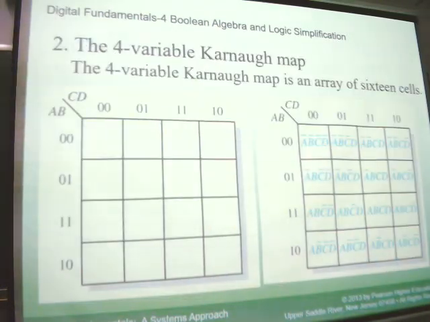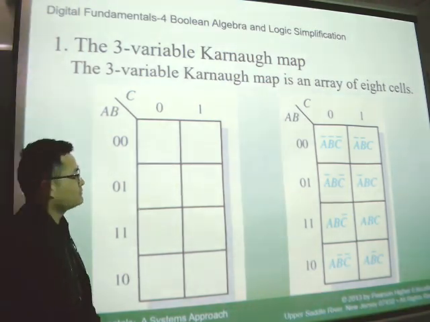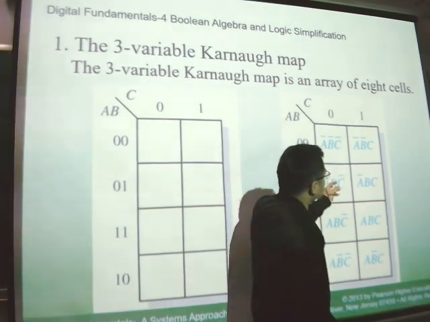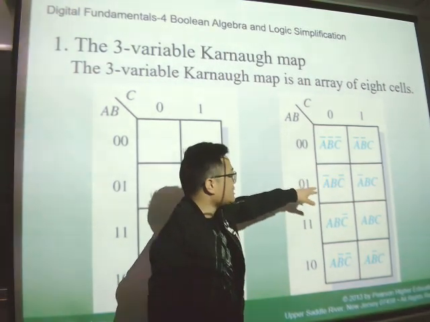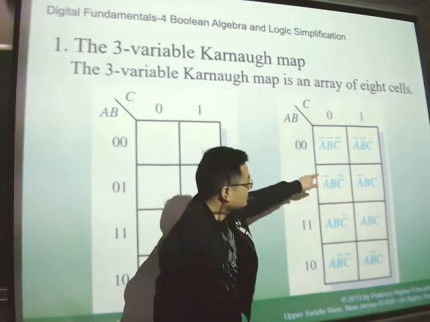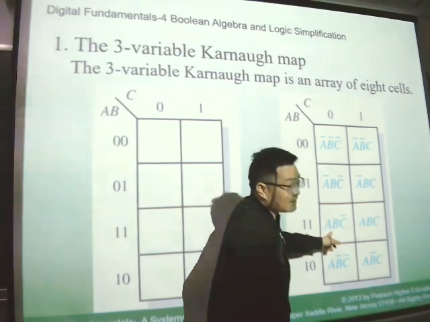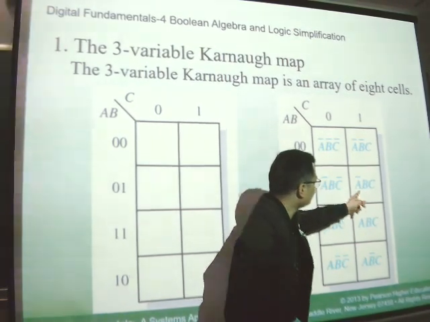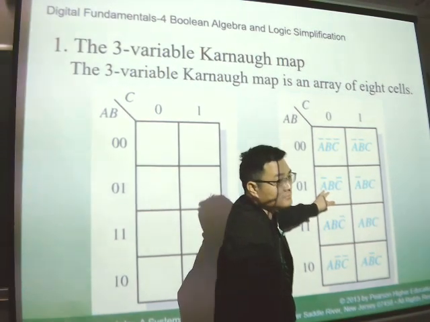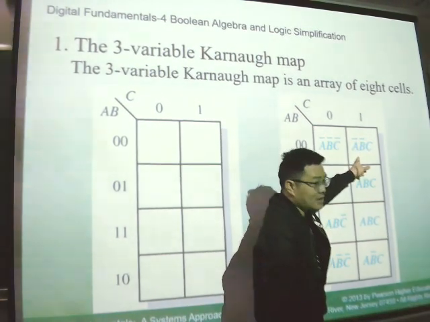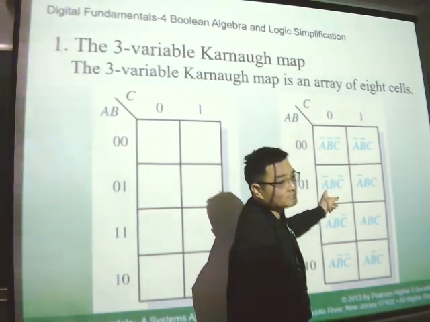For the three variables, we know that for each cell, there are three cells adjacent to it. For this cell, the three cells are adjacent to it. But this one is not adjacent to this cell.